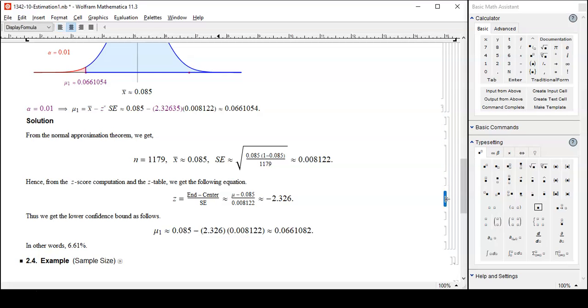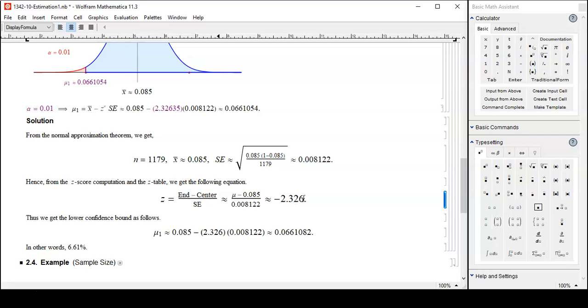N minus center over sc is about negative 2.33. So if you look up the z-table, probably you're going to get this. I got a little bit more accurate figure using Mathematica's estimation, 2.326, I got like that. But actually 2.33 is what you can get from there. If you do a computation, you're going to get this.